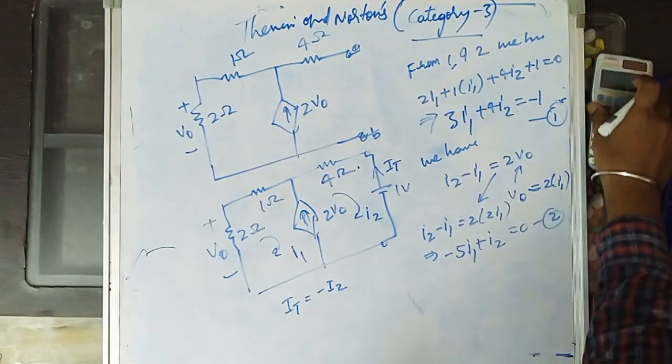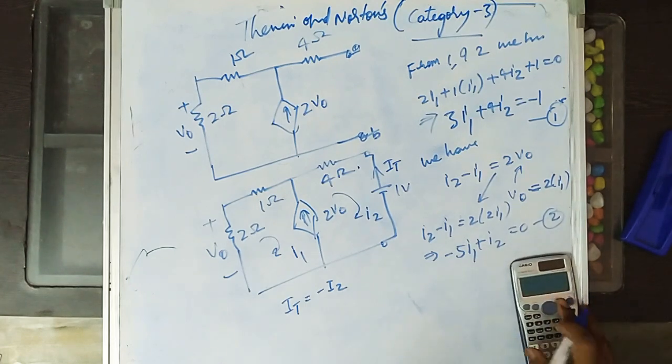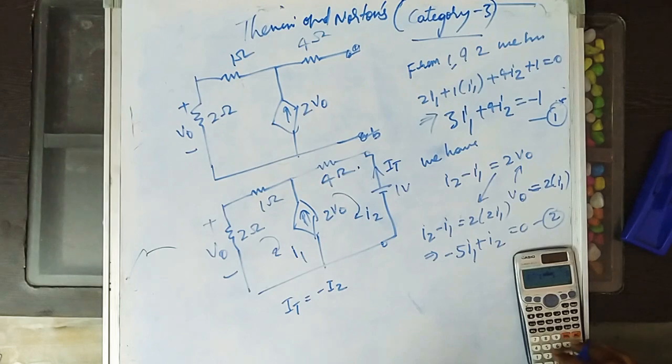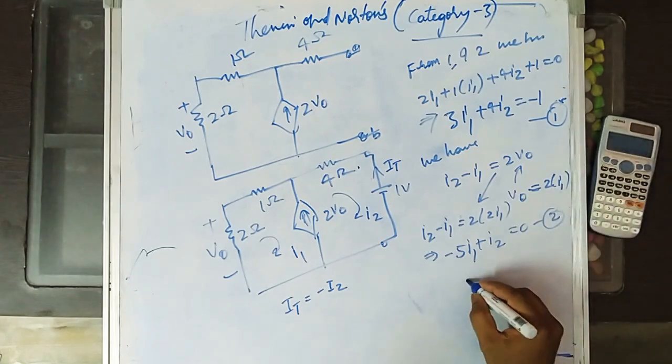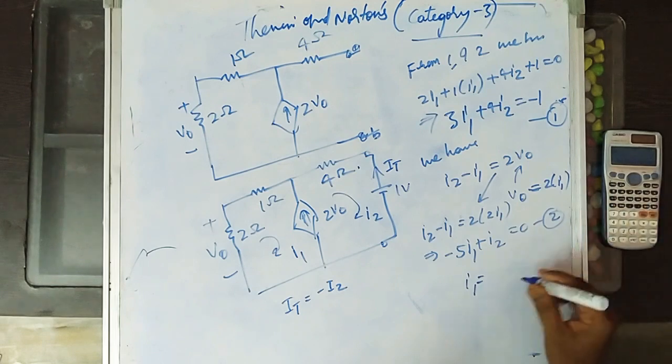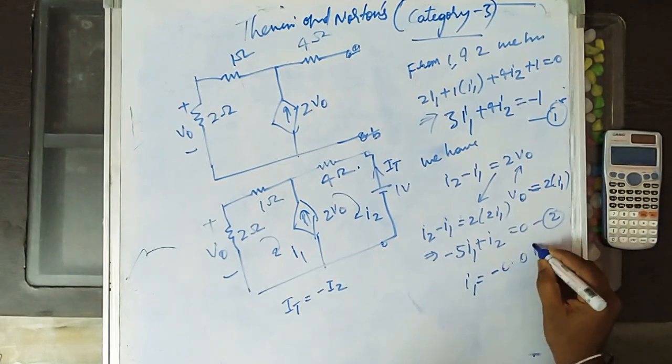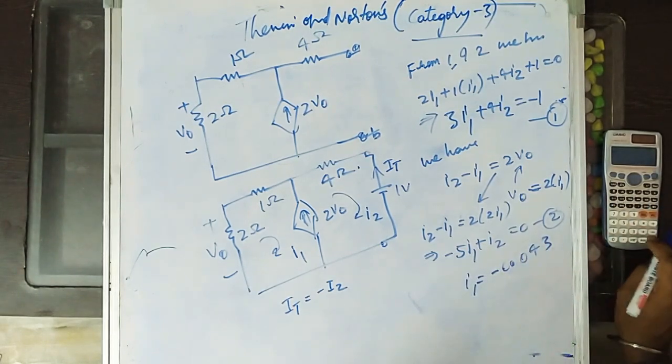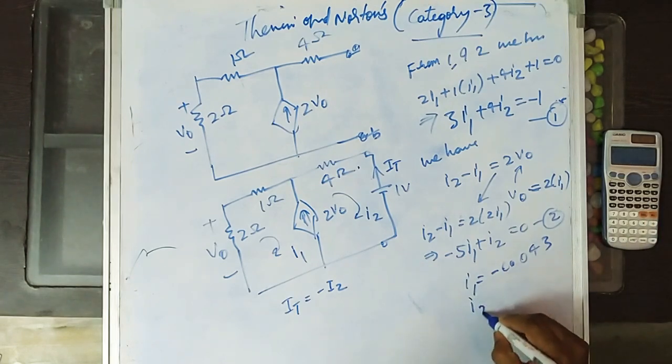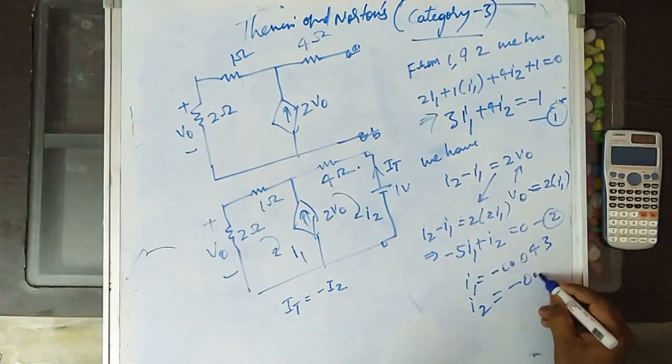Solving 1 and 2, we'll get 3, 4, minus 1, minus 5, 1 and 0. So solving 1 and 2, you'll get I1 equal to minus 0.043, I2 equal to minus 0.21.